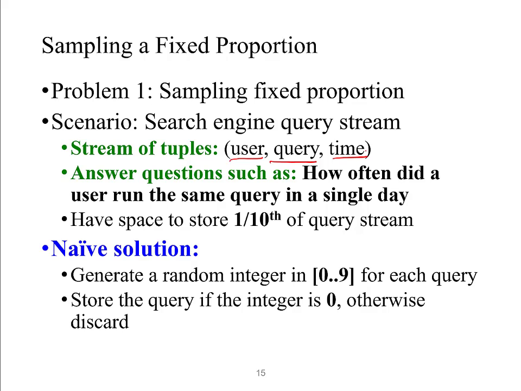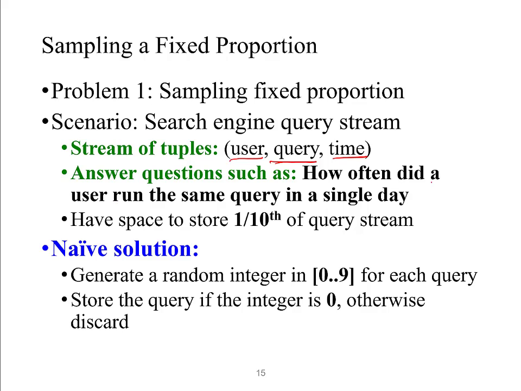So it is a search engine query stream. Each time you submit a query in the search engine, you have a time, you submit the query, and you are the user. So we have a tuple of user, query, and time. Now we want to answer questions such as how often did a user run the same query in a single day?